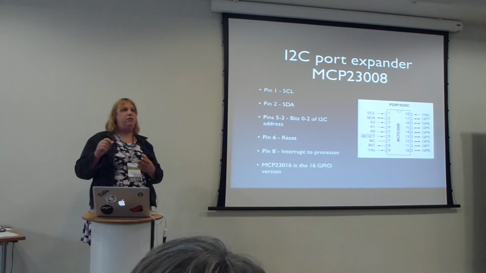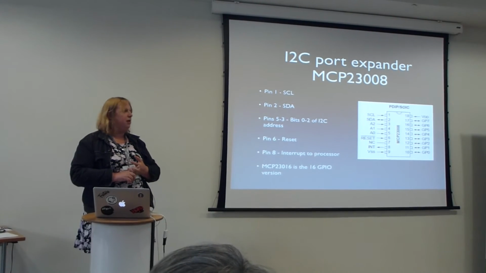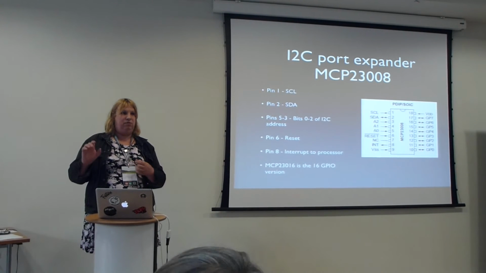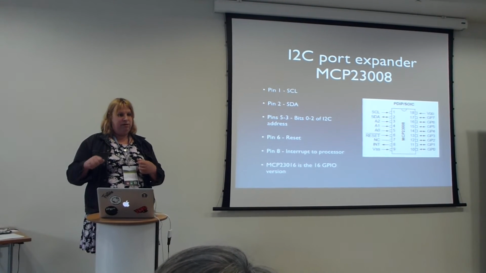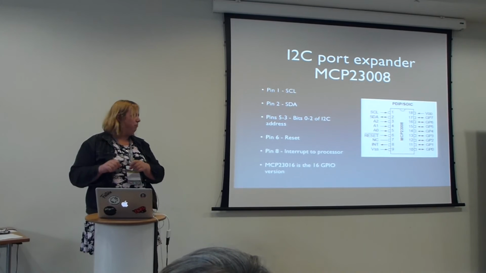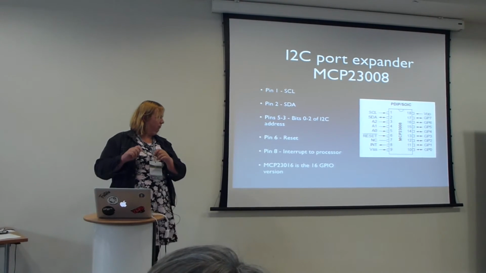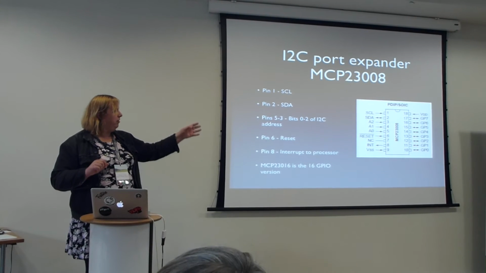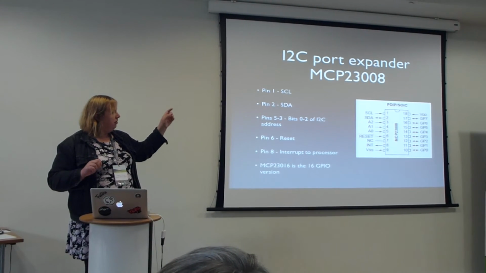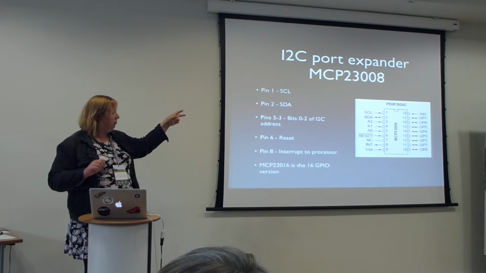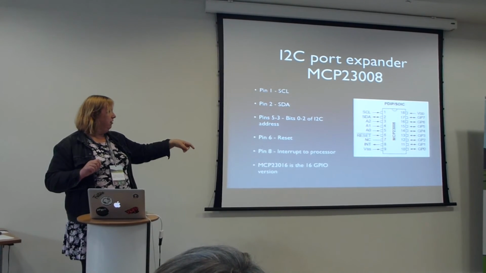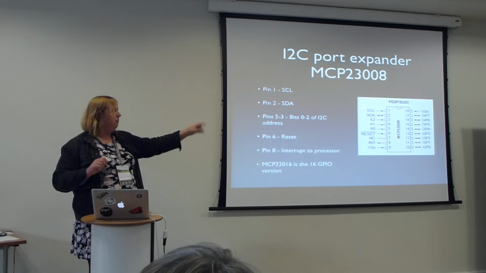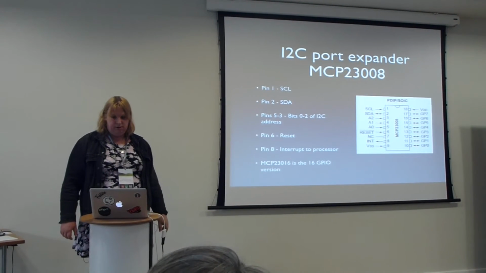So you connect an interrupt line to another GPIO and say, oh, this device had something, I'll go read its status register to find out what it's moaning about. So we set the address range, connect up our clock and data lines, but we can ignore reset and interrupt for now. And we've got 8 GPIOs.